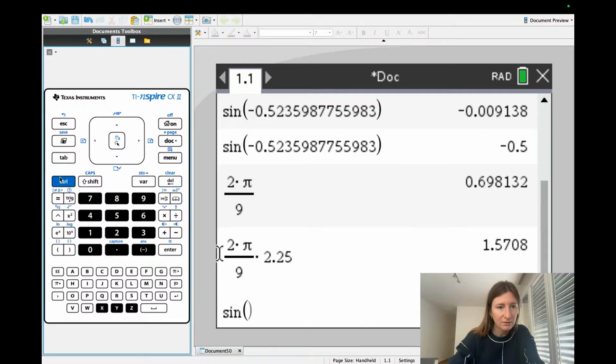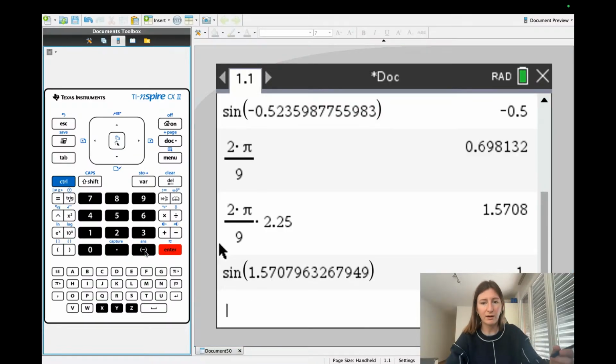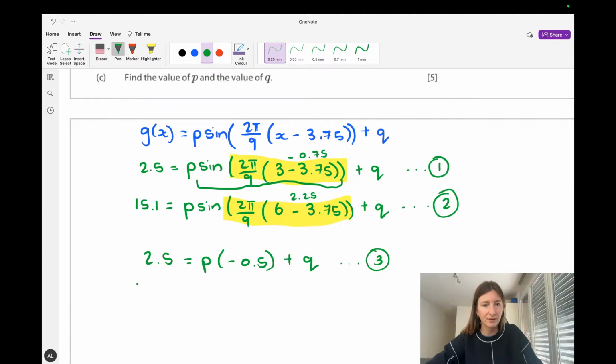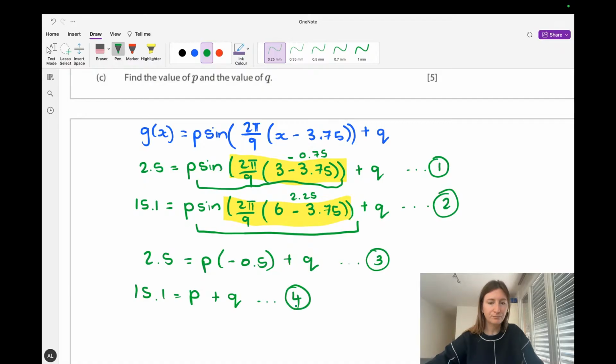And I wanted the previous answer. 1, how lovely. So 15.1 equals P times 1. That whole thing is just down to 1 now. So P times 1 is just 1 plus Q. So that's my equation 4.